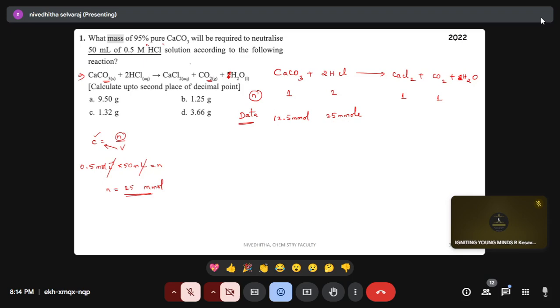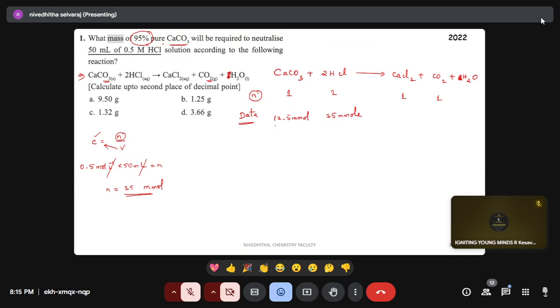Here the calcium carbonate was not 100% pure, it is just 95% pure. So we have to calculate what quantity of calcium carbonate is required for complete neutralization. And here the quantity was asked in grams and not in number of moles.